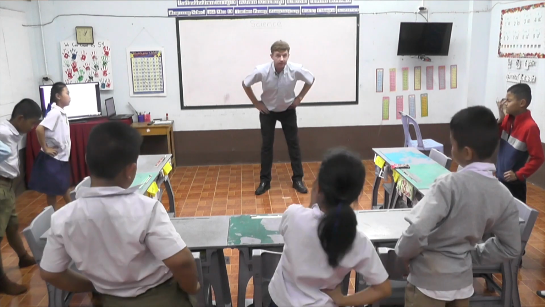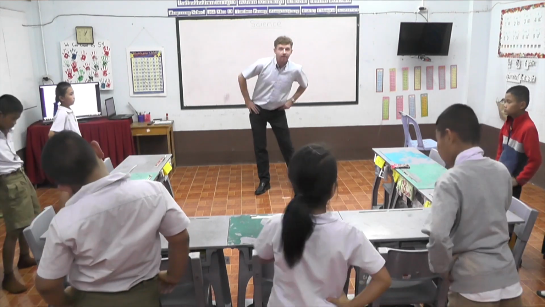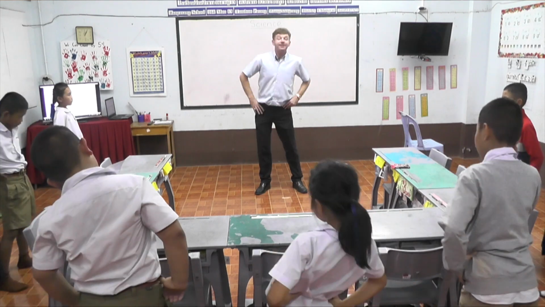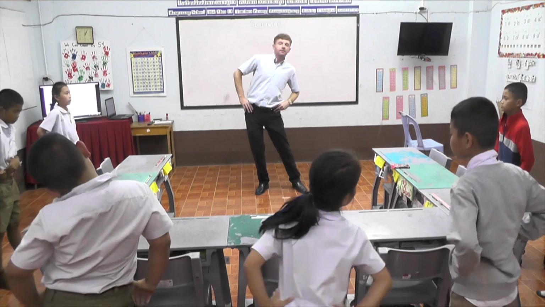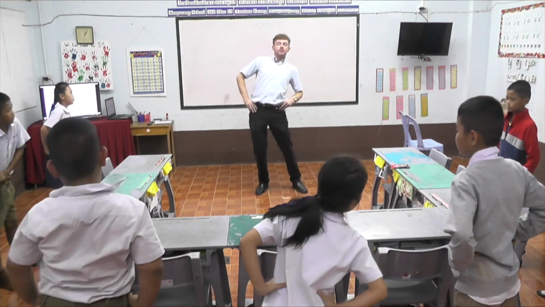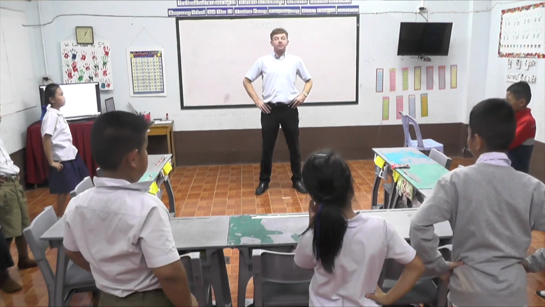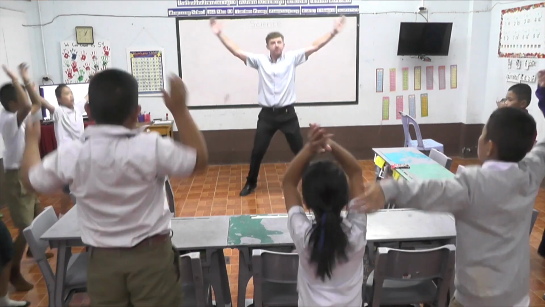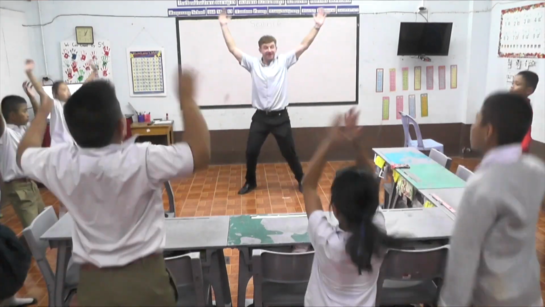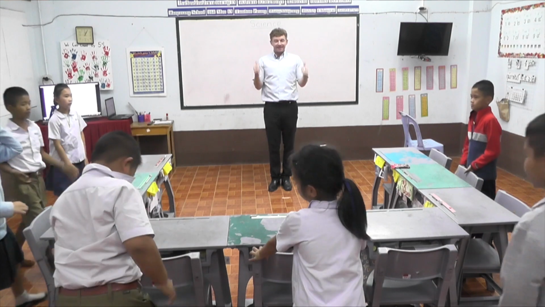Let's go round and round. And stop. And next we'll go back the other way. Round and round the other way. And then we'll stop. And to finish, we're going to do 5 star jumps. 1, 2, 3, 4, 5. Excellent guys, have a seat.